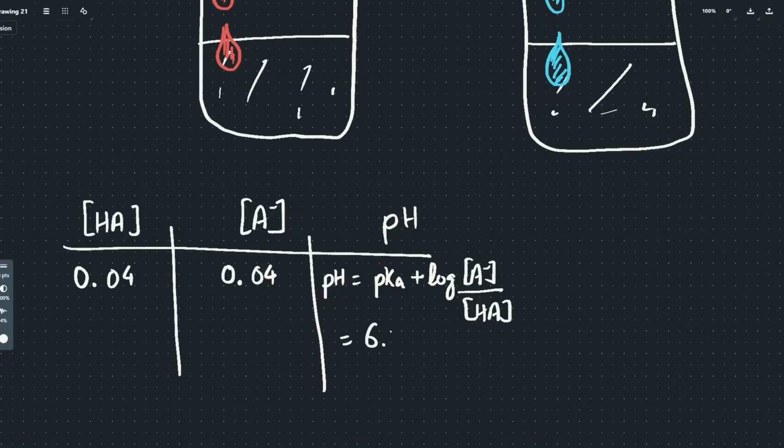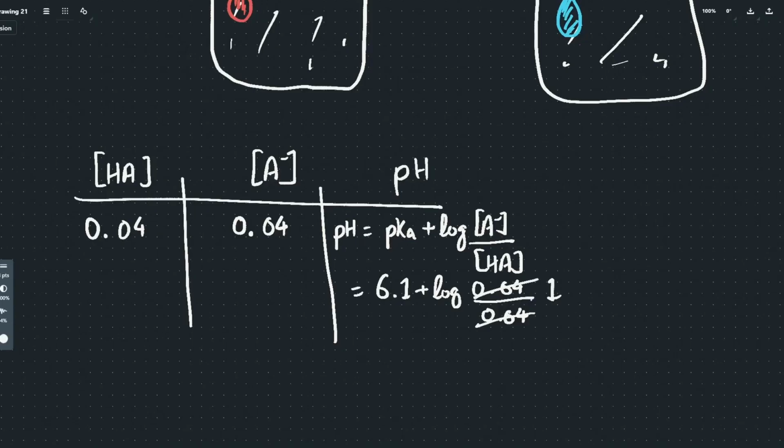For this weak acid, its value is 6.1 plus log 0.04 over 0.04. This will be 1, and log of 1, you can do it on calculator, will be 0. So pH will be equal to pKa. When these ratios are equal to each other, that will be equal to pKa, and that value is 6.1.